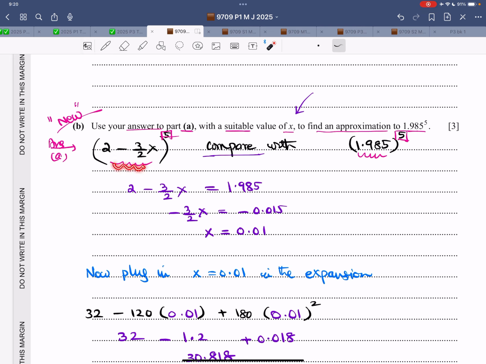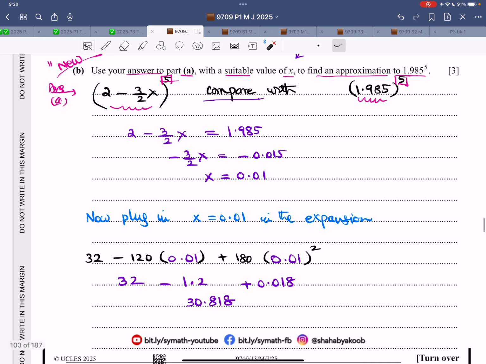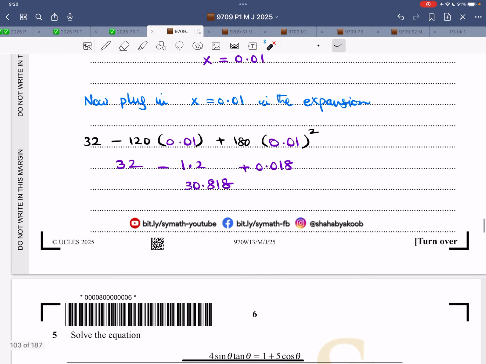That means using this binomial expansion, I can find the approximation of this, because you are now substituting this value. You want to find the approximation for this, using a substitution of x is 0.01. Now plug x equals 0.01 in the expansion, you get this answer, and of course you can check with your calculator.